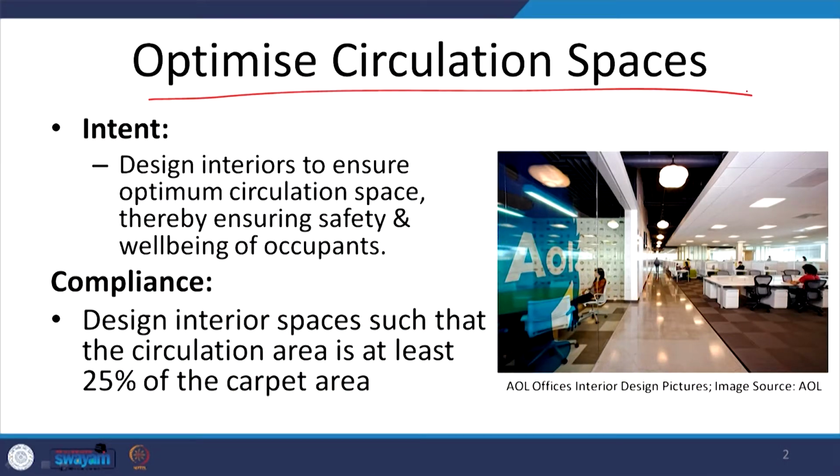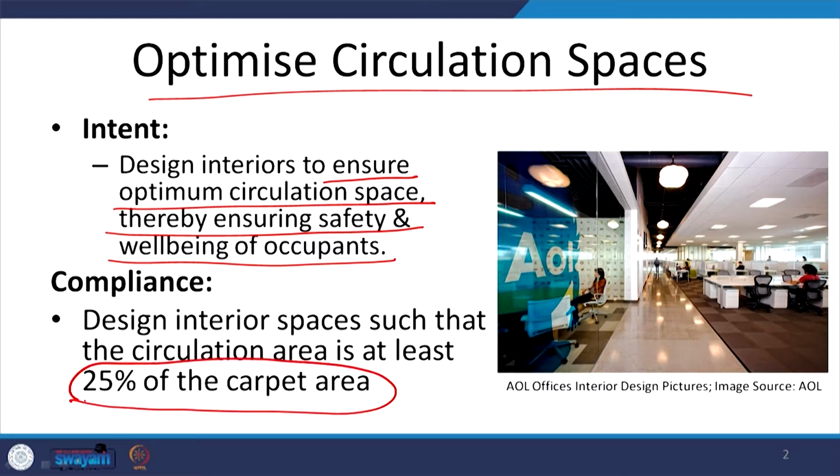The intent of this particular criterion is to design interiors to ensure optimum circulation space and thereby ensure safety and well-being of occupants. The compliance approach is that the interior space should be designed in such a manner that at least 25% of the carpet area is designed as the circulation area.